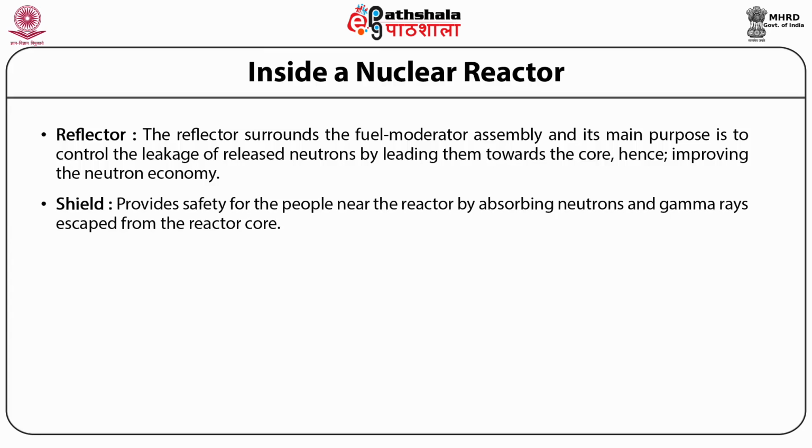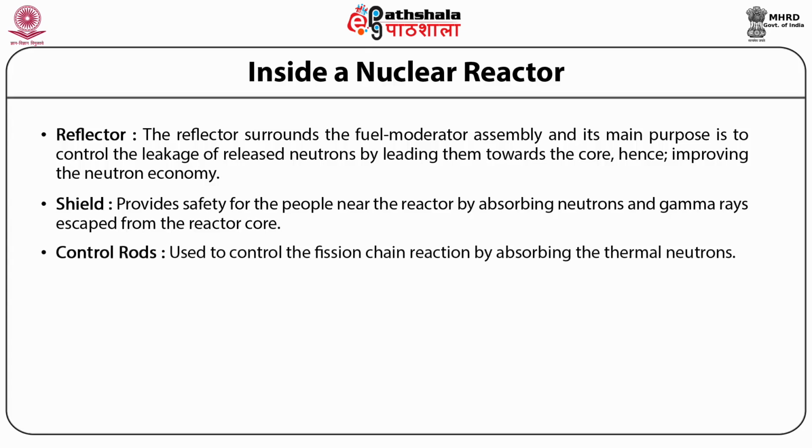Shield. The exterior part of the reactor is covered by shielding materials which provide safety for the people near the reactor by absorbing neutrons and gamma rays escaping from the reactor core. Next is control rods. These are used to control the fission chain reaction by absorbing thermal neutrons.